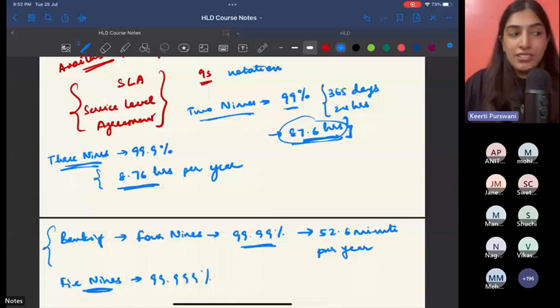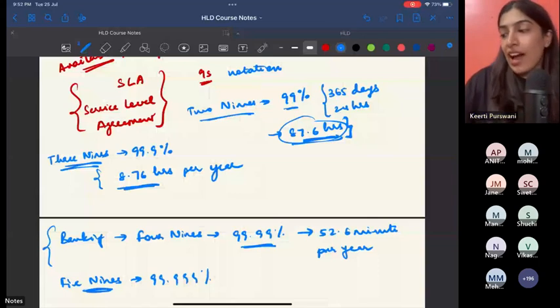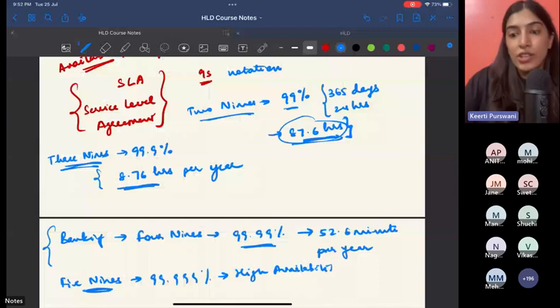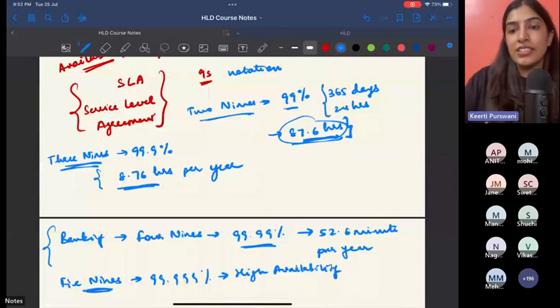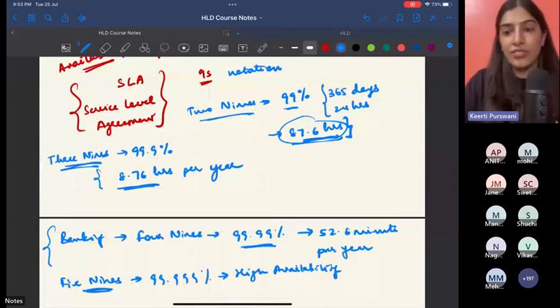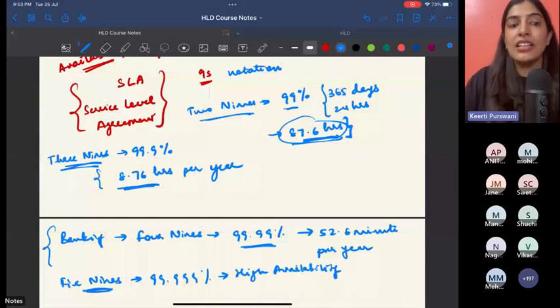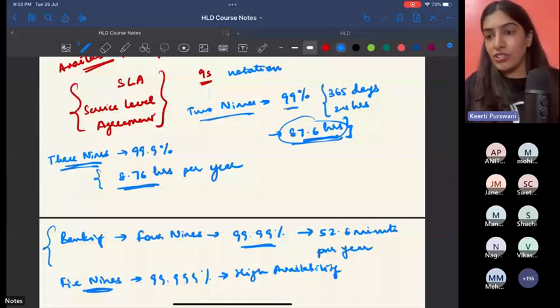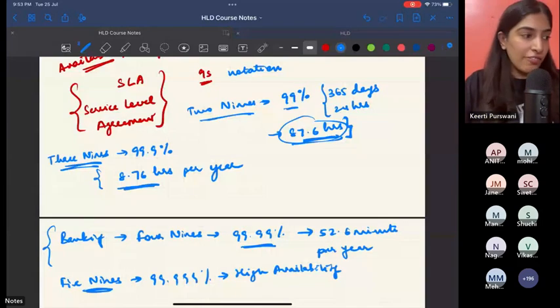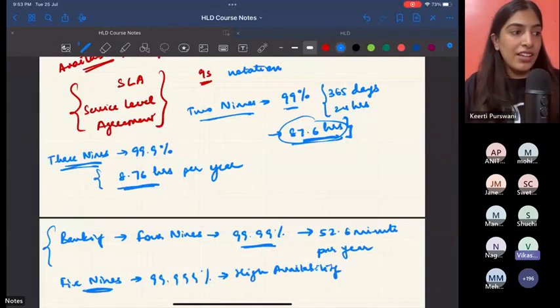Okay. Five nines basically comes under high availability, that our system is going to be available. So we discussed about levels in consistency, right? Strong consistent, eventual consistent. Similarly, over here in availability, there are levels of the availability. Two nines, 99%. Three nines, 99.9%. Four nines, 99.99%. Five nines, can you guess any good example of five nines?